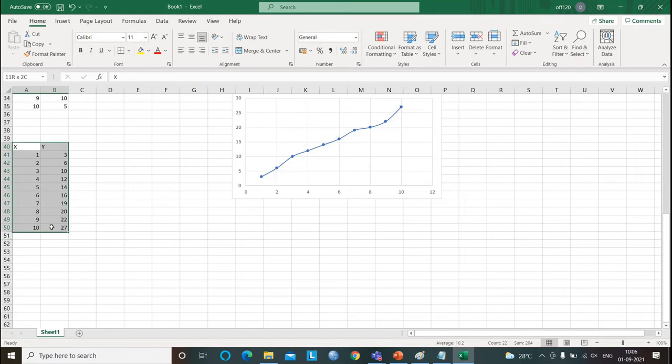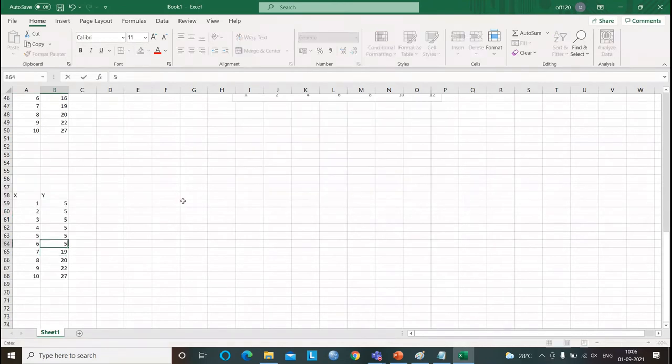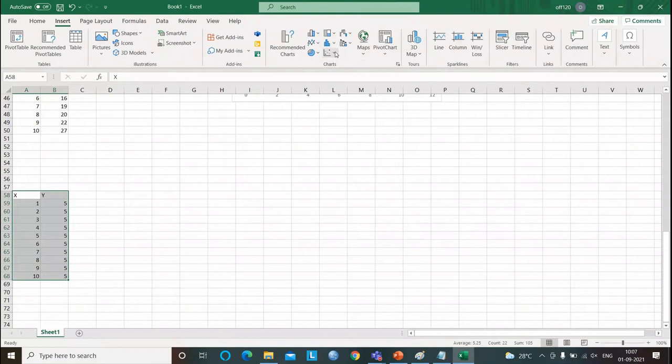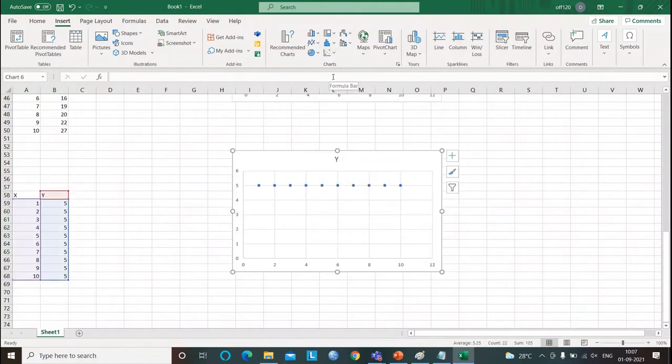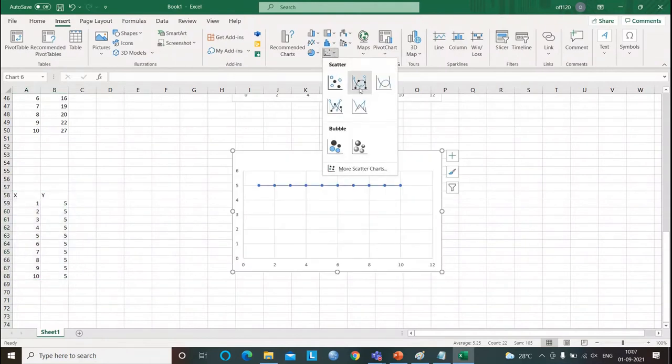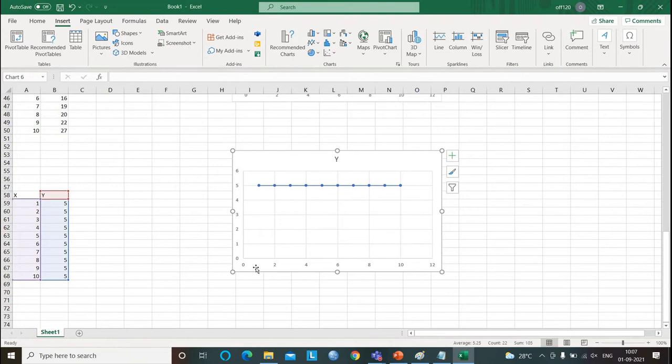The values of x are increasing, but let's take one. See this. I'll just draw the line also for this. See, x value is increasing here. X is equal to 1, y is 5. X is equal to 2, y is 5. X is equal to 3, y value is 5. X is equal to 4, y value is also 5.